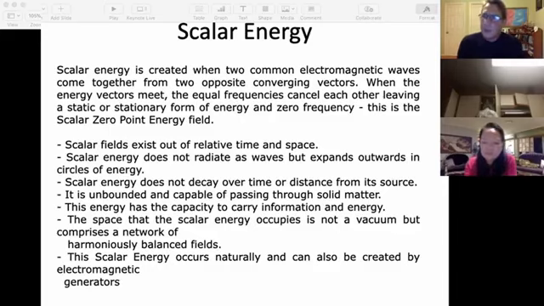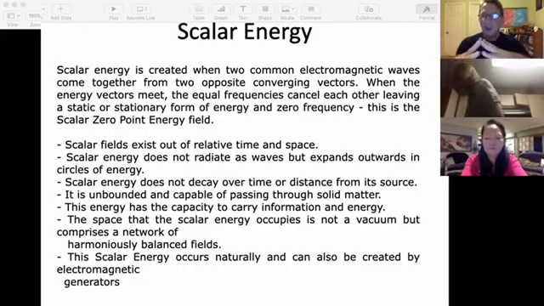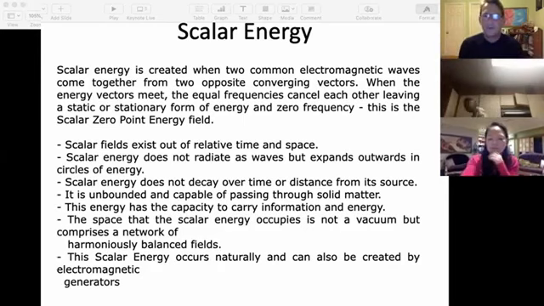Unlike electromagnetic energy, which travels through space and hits different obstacles and then gets blocked, scalar waves go through all matter. They cannot be stopped. So it doesn't matter where you are, you will always get access through these scalar fields that are being generated.